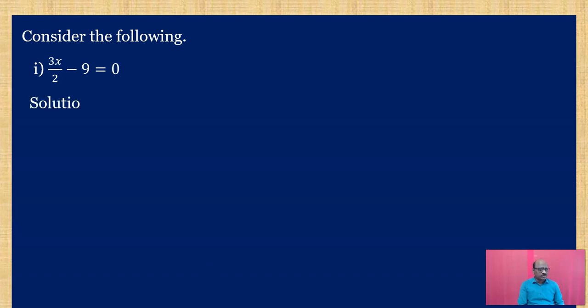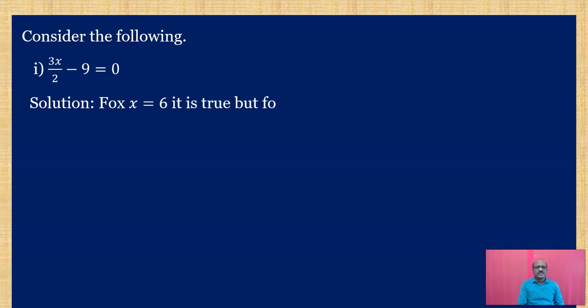Next, consider the following. First, 3x upon 2 minus 9 equals 0. Is this a statement? Now we will see.